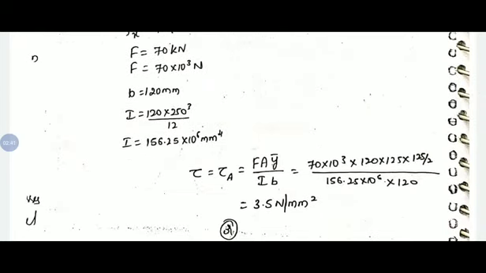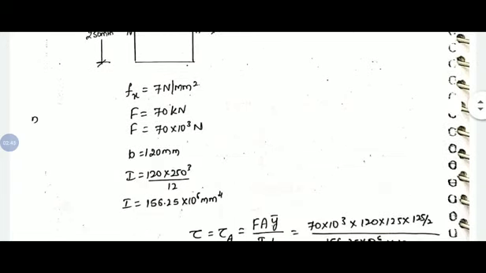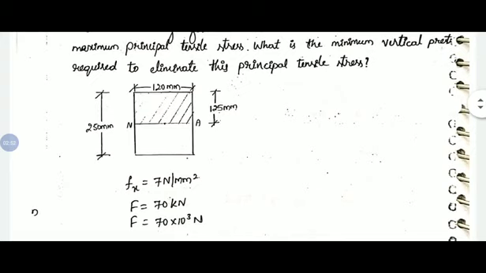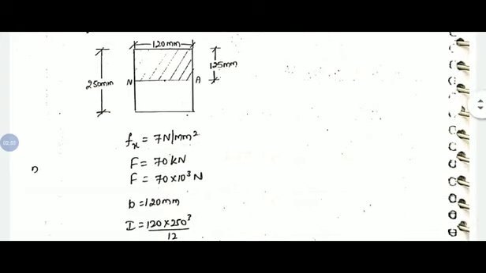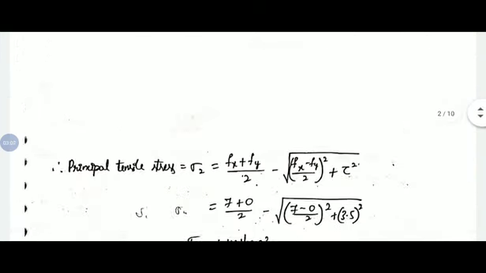So A means 120 is the width and 125 is the depth of the section we are considering, into 125 by 2. So the centroid of this hatched section with respect to the centroid of the overall section, that is 125 by 2, divided by I for the overall section and B width is 120. So we will get 3.5 Newton per mm square.